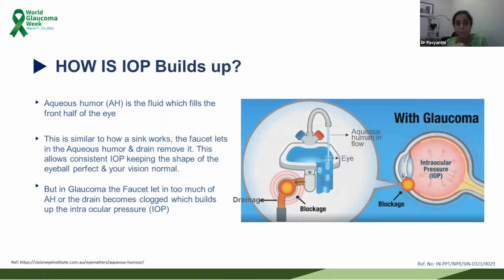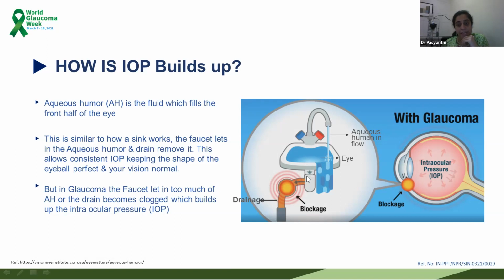So why does this IOP build up? This is similar to a sink model. If you have a sink with a faucet and a drain, the fluid comes out from the faucet and gets drained outside through the drain. When you have more fluid from the faucet, the sink gets filled up.